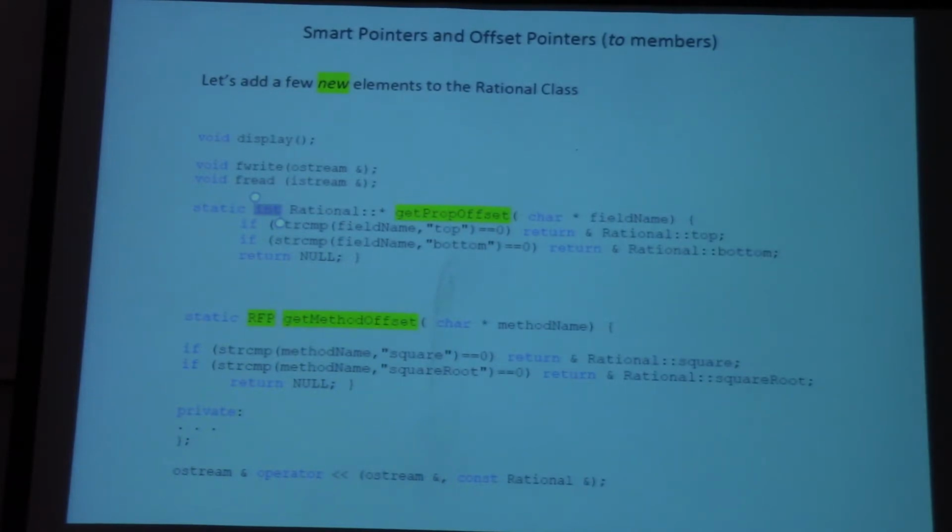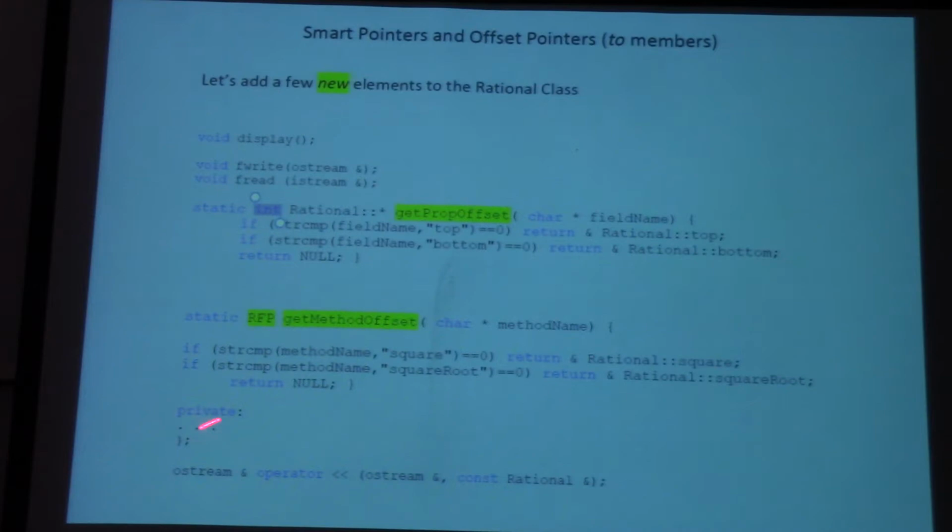Okay? Now, if we return something, that means we succeeded in returning something. Otherwise, we'll return null. Returning null will happen only if I don't return here or here. That means you're asking me for a method I don't have.